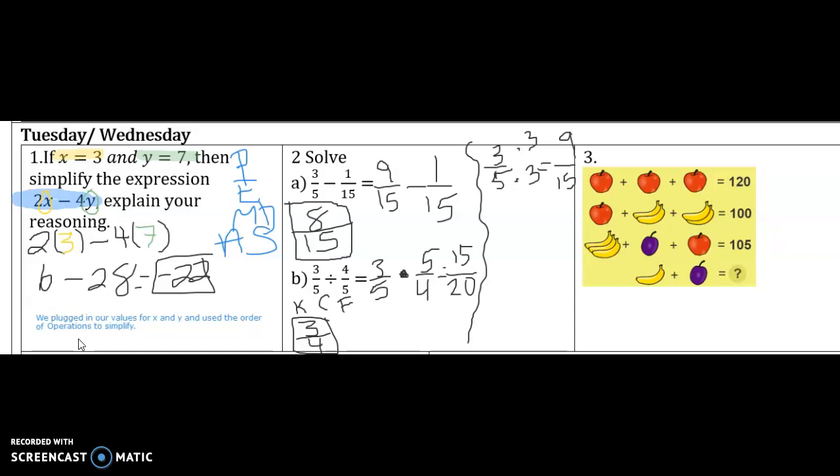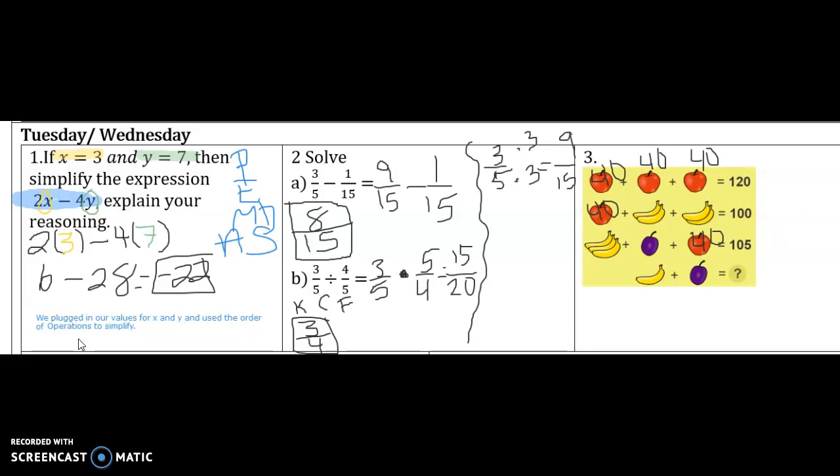Well, 120, split that up into 3 equal groups would be 40, right? So 40 plus 40 is 80. 80 plus 40 would be 120. So each apple is worth 40. So I can go find all my apples and label them 40 because that's how much each apple is worth.